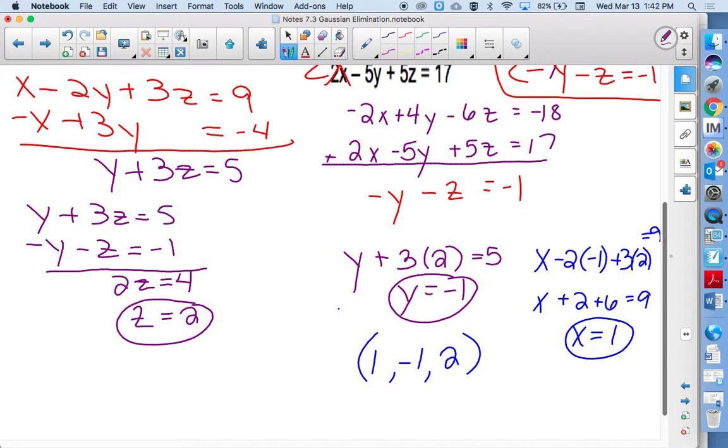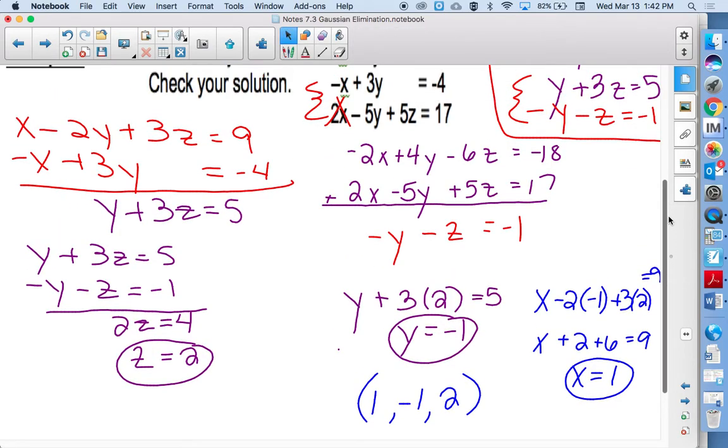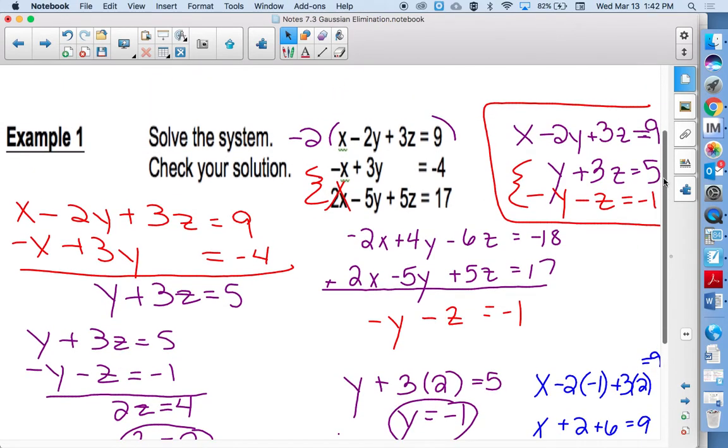Questions? Lily? Okay, so this is kind of a question, but not really. So I get how you do it, but why does it work? Because you are eliminating the same letter. So when you eliminate the same letter, you're left with two equations with the leftover variables.